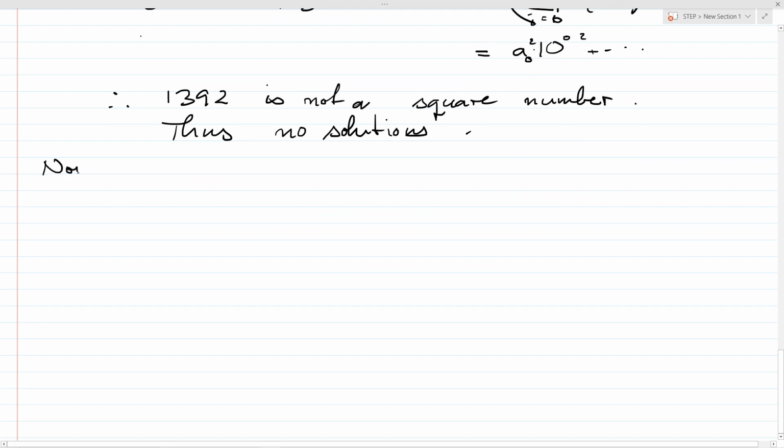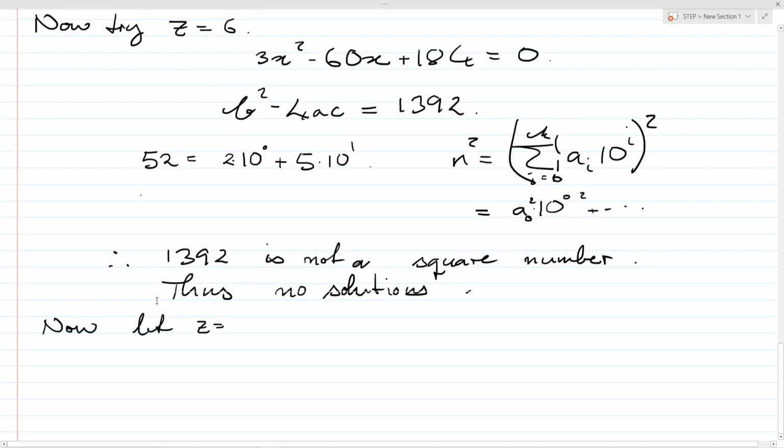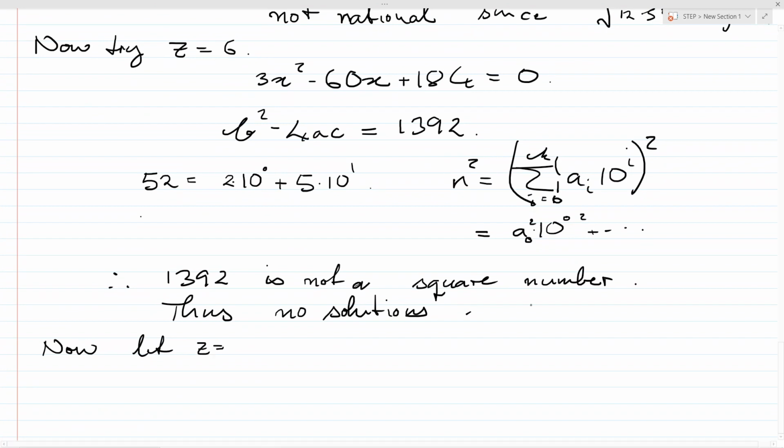Now let z equal, we did z equals 6 there, so we're on to 7 now. And that is going to mean that we have a new equation. We obtain 3x squared subtract 60x plus 57 in our equation, which we will solve.